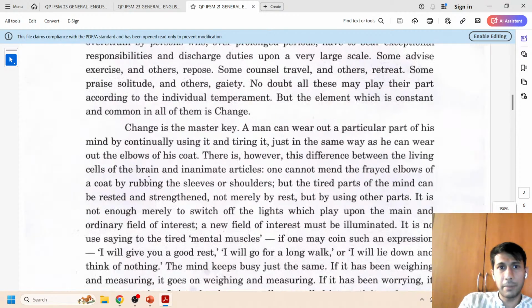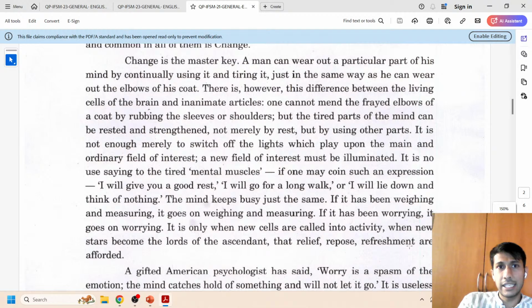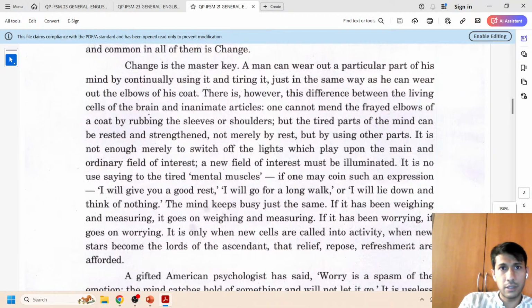The second paragraph, where it states change is the master key. I'm sharing the paper in the group also. You can read the entire Precis, but I want the summary of that second paragraph.